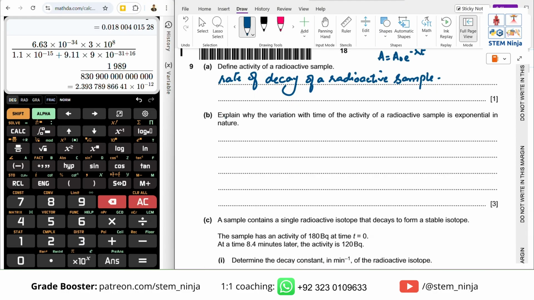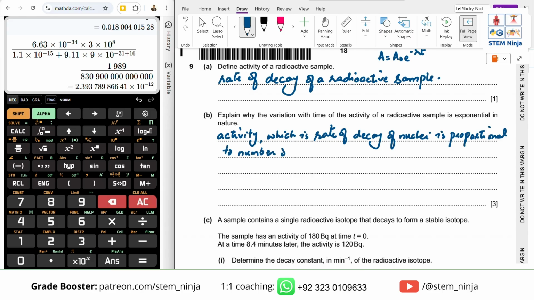So we can say that activity, which is the rate of decay of nuclei, is proportional to the number of undecayed nuclei.